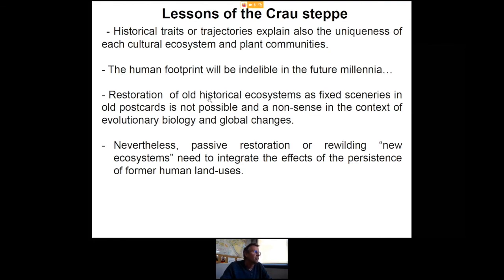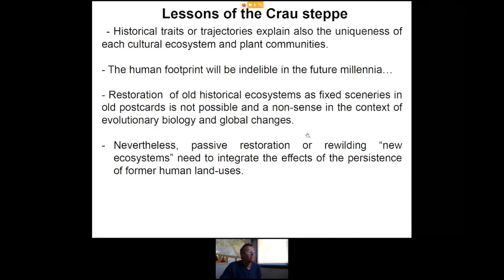And for that, all projects of restoration that want to restore this integrality of the historical ecosystem, like a fixed scenery in a postcard, will not be possible. And it's clearly nonsense in the context of evolutionary biology, because it can change, and now global change, especially, can be, of course, pastoral change in the reference ecosystem, or, of course, climate change.